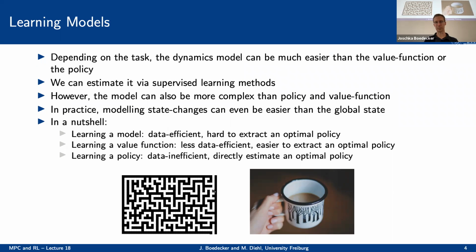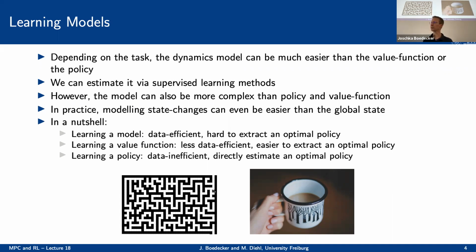And if you consider the example on the right side where you maybe want to grab a coffee cup that already has some liquid in it, if you were really to model the mechanics of the hand exactly with all the fingers, the friction, and also the liquid and how it changes when you grab it and take it up, you could go into very much detail and build a very sophisticated and elaborate model to capture the physics of what's going on.